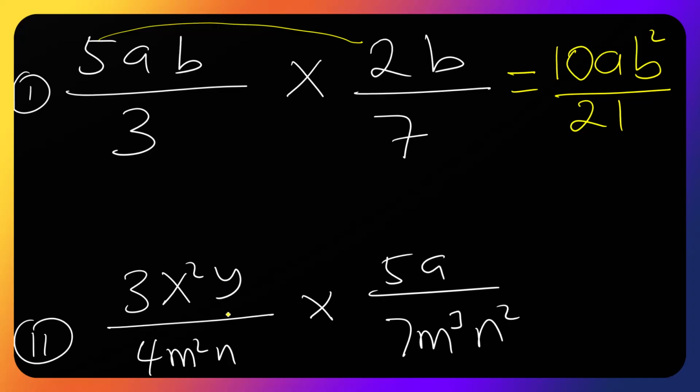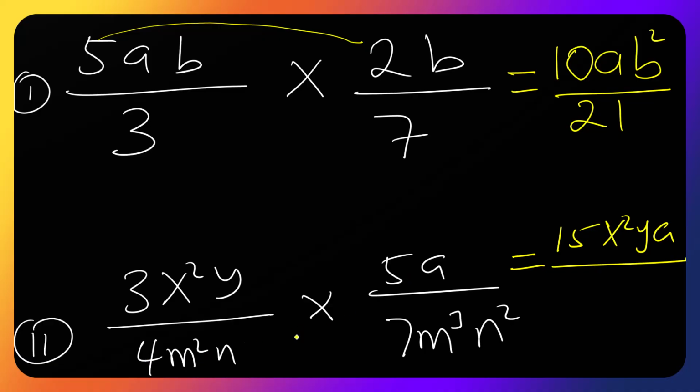Now let's talk about the second one. So same thing here. We can't cancel out. So 3 times 5, 15, the numerators. Then we have x squared y: a here, y, x squared.